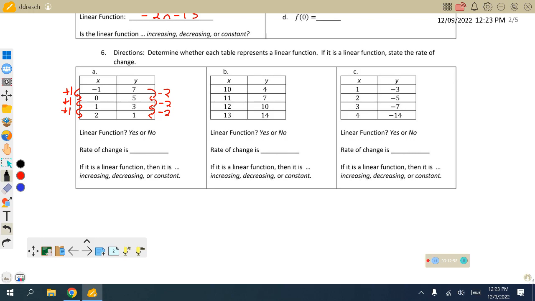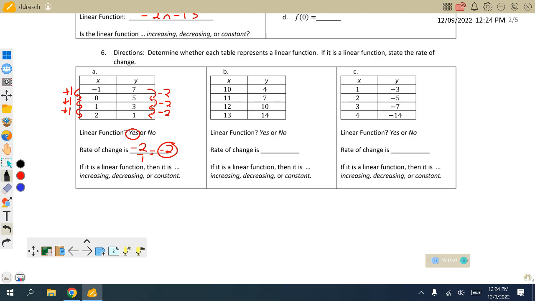Yes or no, is it a linear function? Yes, it's a linear function. Because do we have consistency off of that? We sure do. If you've got that consistency, it's linear. And what that means is the rate of change, the slope, same thing, is what? Negative 2 over 1, or just negative 2.